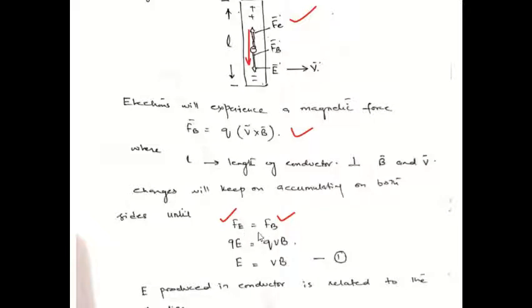When both forces are equal to one another, the charge accumulation stops, and we have qE equals qvB, and equilibrium is attained between these two forces. Cancelling q from both sides, we get E equals vB.